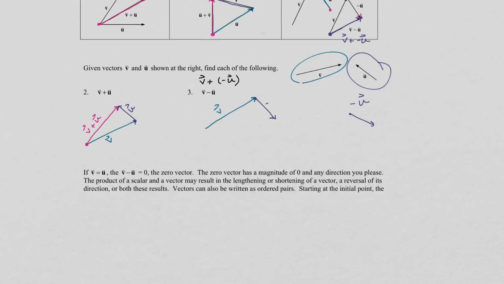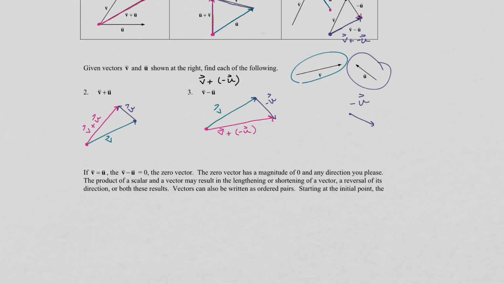And I'm going to call this negative u here so that we remember that that's what that is. We flipped u. And then again, that sum, right, v plus negative u, is the line segment that starts at the beginning of v and goes to the ending of u. So this is v plus negative u.